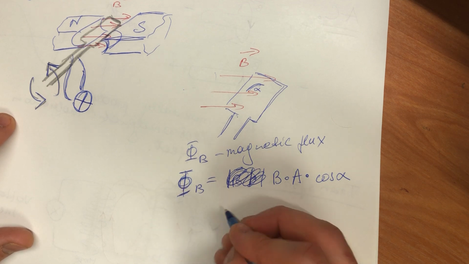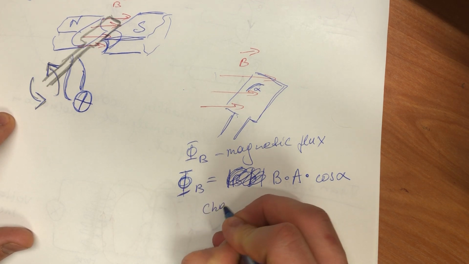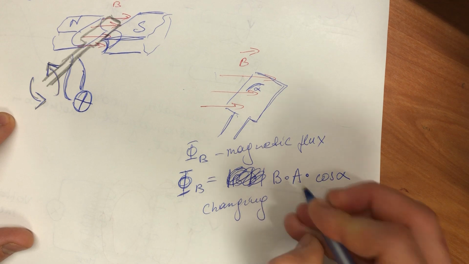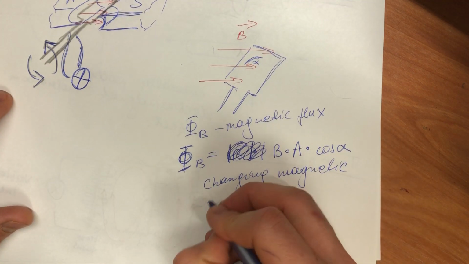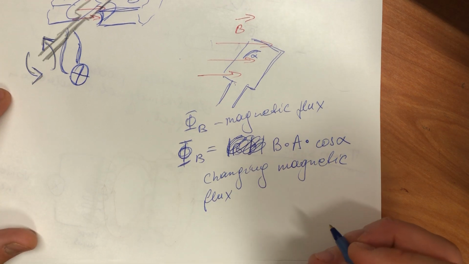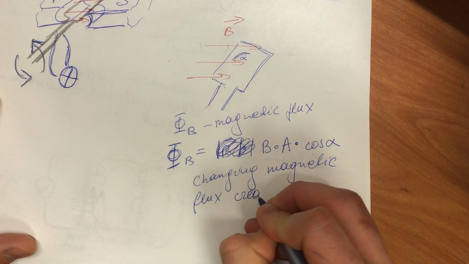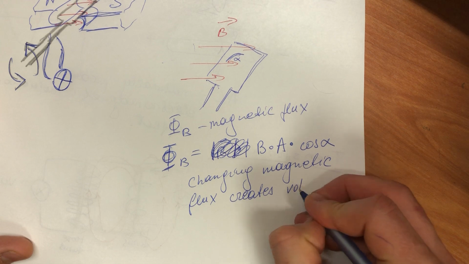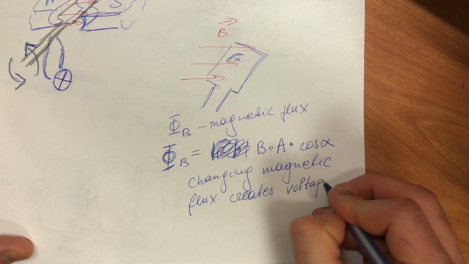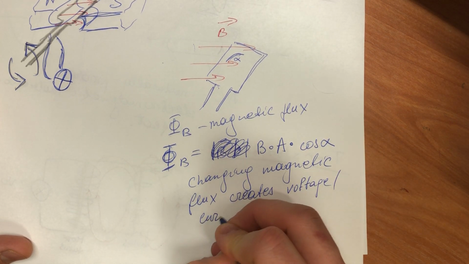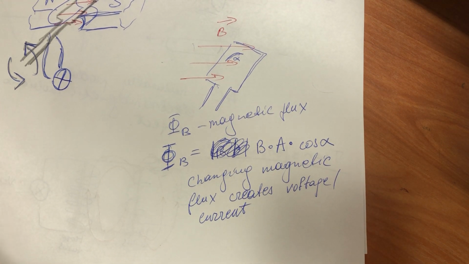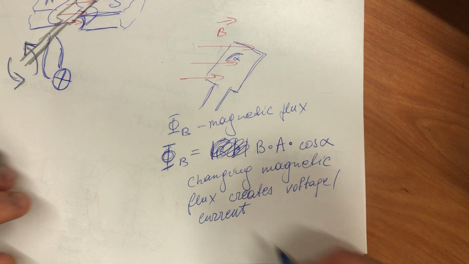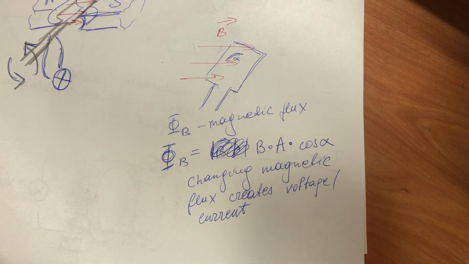this changes, changing magnetic flux creates voltage, or in this case, current. So this is a more generalized thing than what we were speaking about.